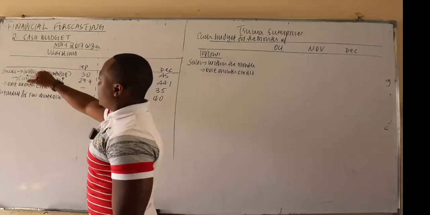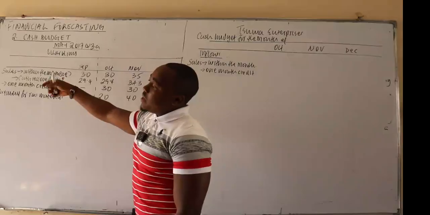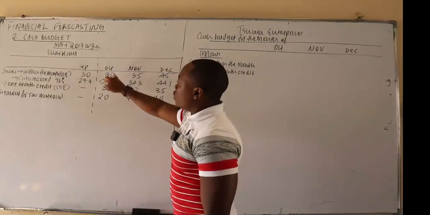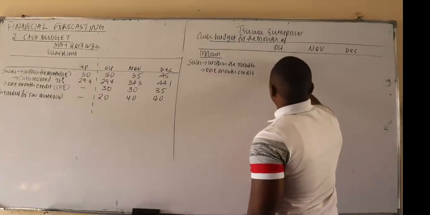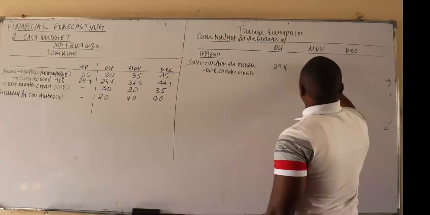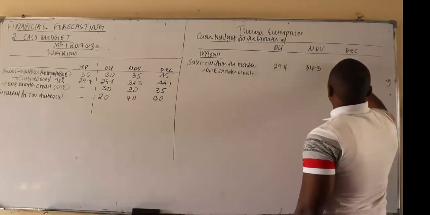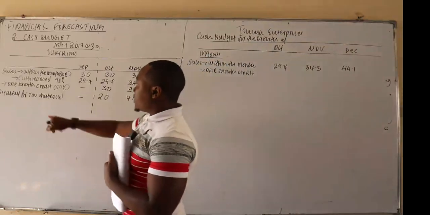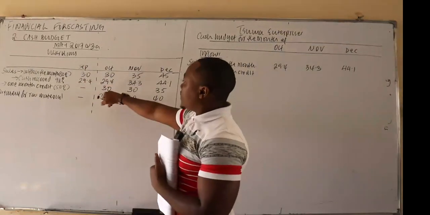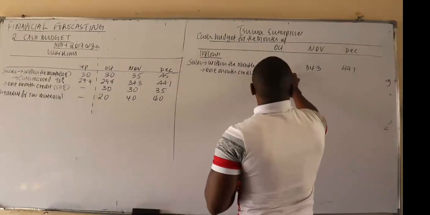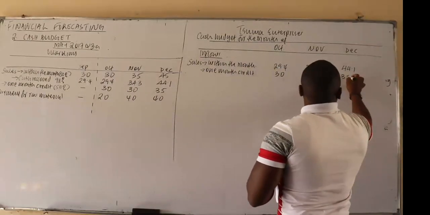For the sales, the first 50% we receive net of discount. So this is the cash received or receivable. October will be an amount of 29.4, November 34.3, December 44.1. The 1 month credit in October you receive 30, November 30, December 35.